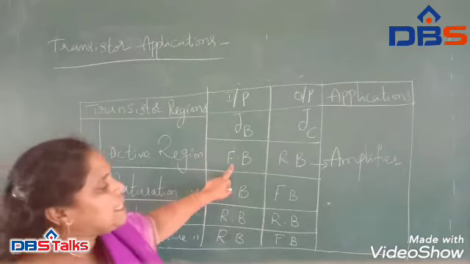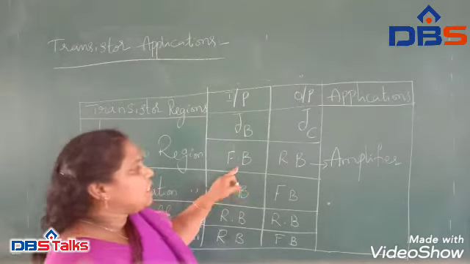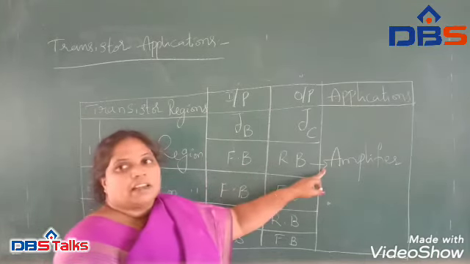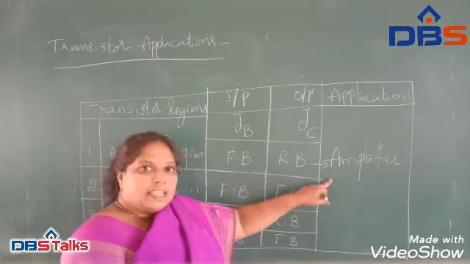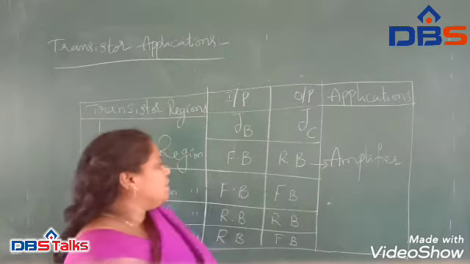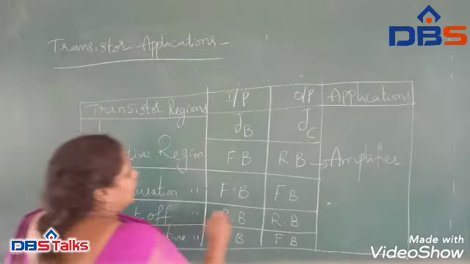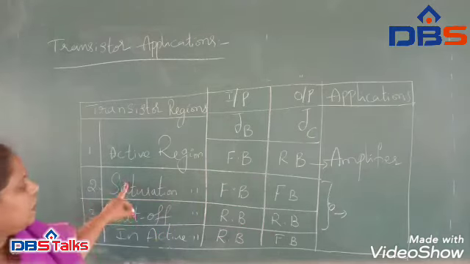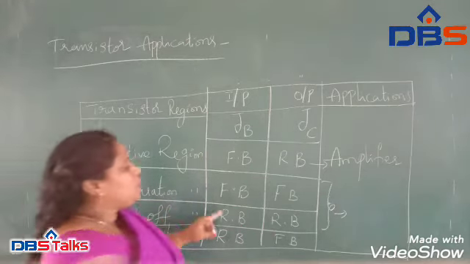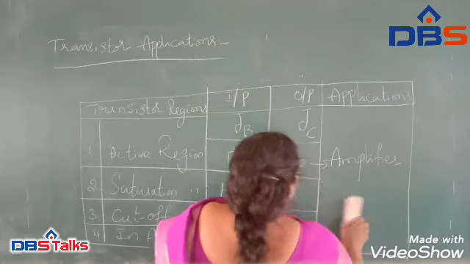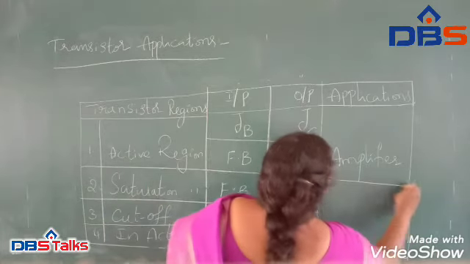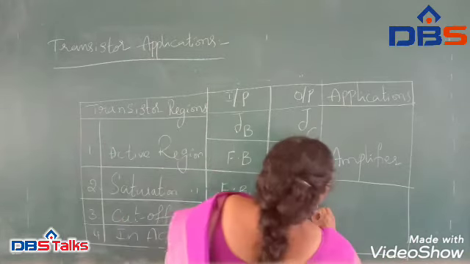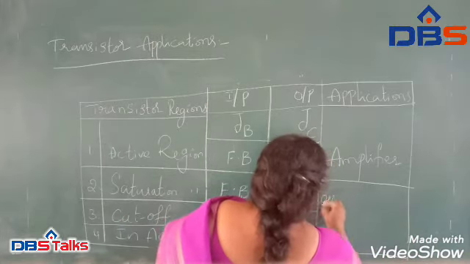When this condition is satisfied, with the input junction and the output junction biased this way, we call it an amplification transistor. Whereas in these two conditions, saturation region and cutoff region, when both are in the forward bias condition, the transistor is in the on state.